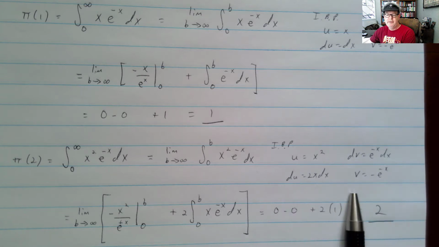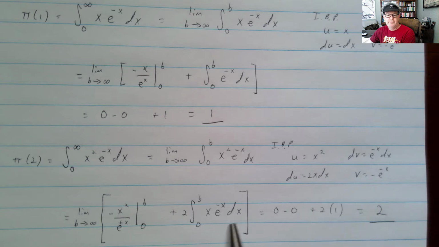Now v du is again minus a negative, so plus, and then I've got 2x, I'll pull the 2 out. And then as b goes to infinity, again, you could use L'Hopital's rule, the numerator doesn't go to infinity as fast as the denominator. This fraction will go to 0. So that'll go to 0, and then if you plug in 0, you'll get 0 over 1. And then this will be 2 times the previous integral. So that'll be 2 times 1. And that's really the pattern.